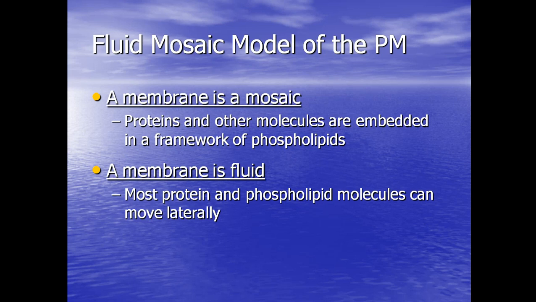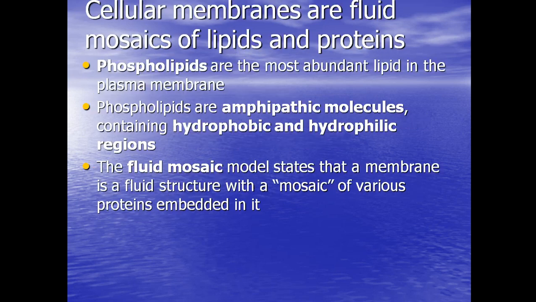As a result of the movement of these proteins and phospholipid molecules, the membrane is fluid. The phospholipids are the most abundant lipids in the plasma membrane. Major part of the plasma membrane is formed from these phospholipids.